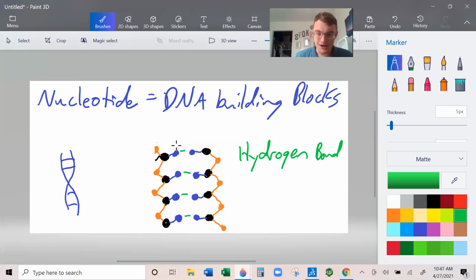Let's focus in on these nitrogenous bases. It turns out that there are 4 different kinds of nitrogenous base that we find in DNA, and we give them specific names.